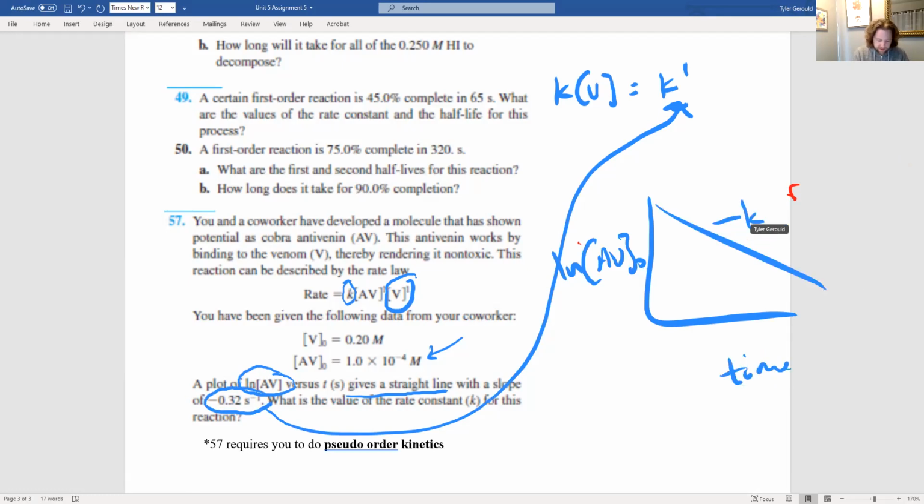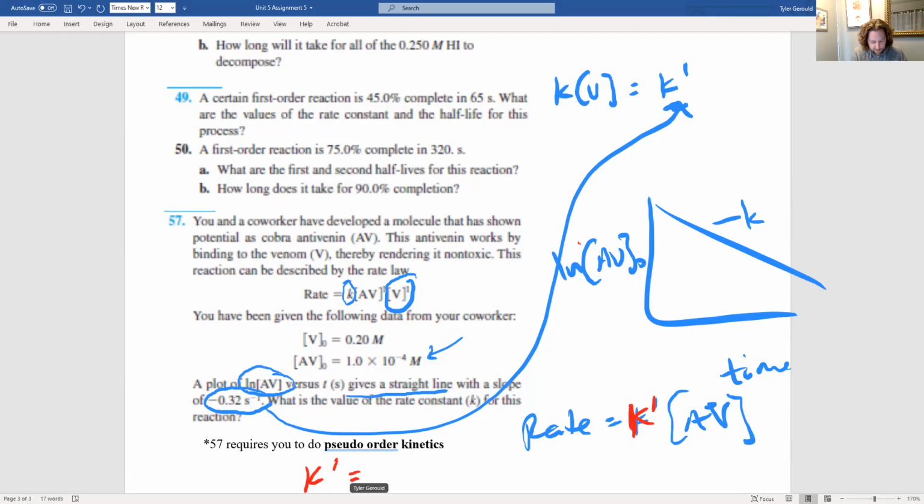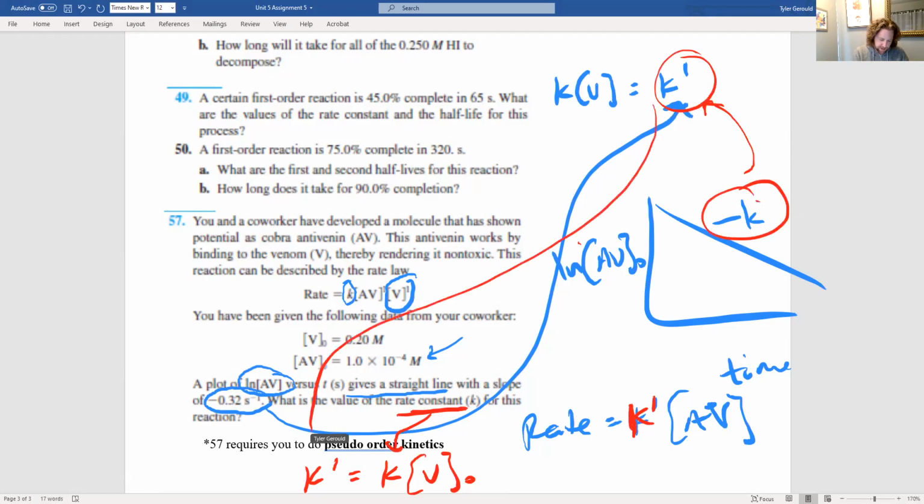And we normally say this slope is K. But because our rate law equation is making an adjustment, so we're just focusing on AV, this pseudo first order, this K prime is essentially combining the initial concentration of V into the original rate constant. So we're actually solving for the original rate constant, whereas the slope gives us this pseudo rate constant. So let's go ahead and do a little substitution and hopefully clarify that part a little bit.